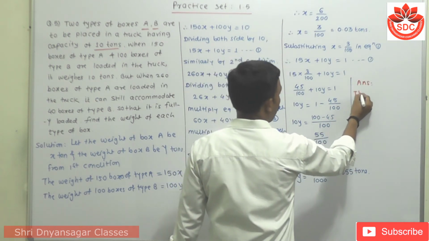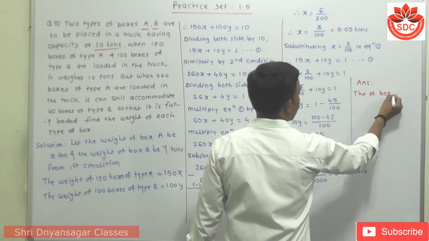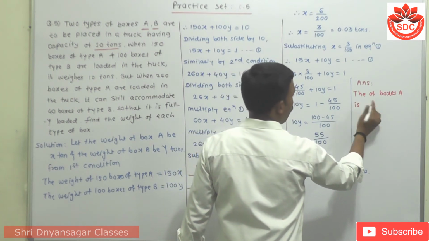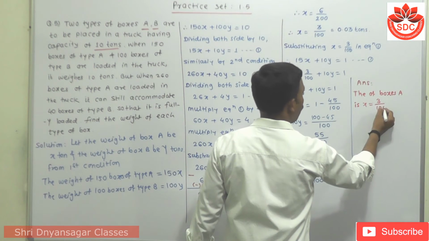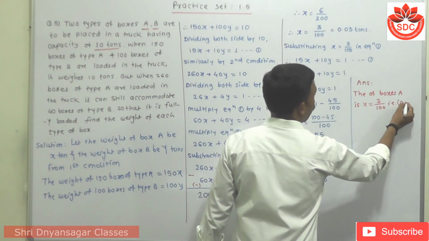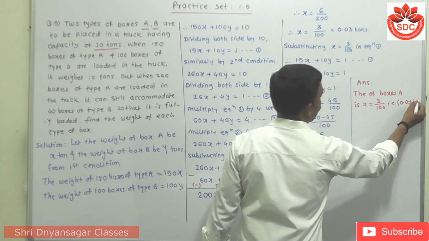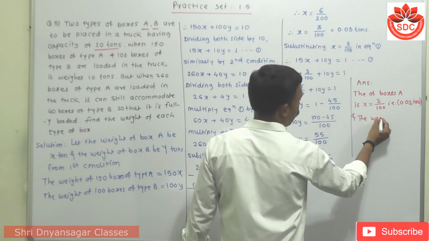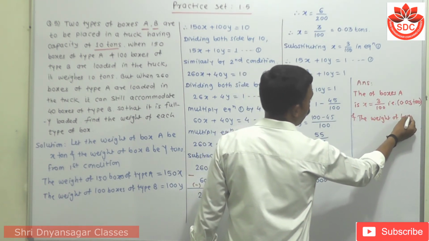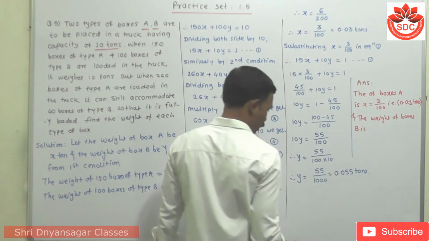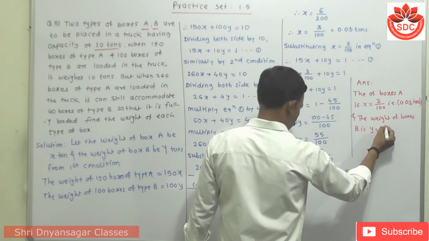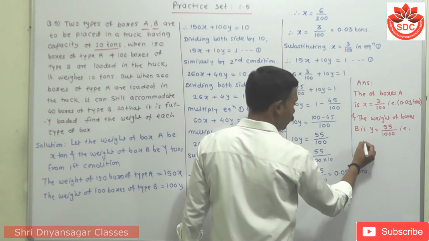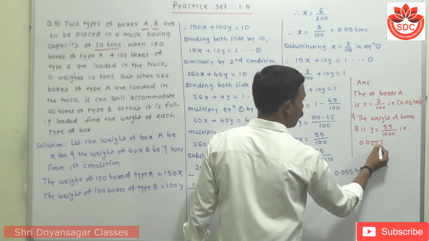The weight of boxes A is x is equals to 3 upon 100, that is 0.03 tons, and the weight of boxes B is y is equals to 55 upon 1000, that is 0.055 tons.